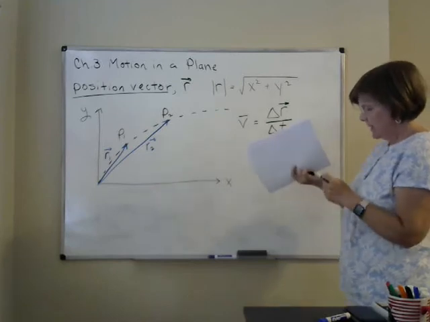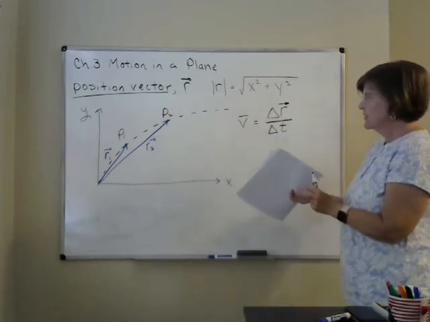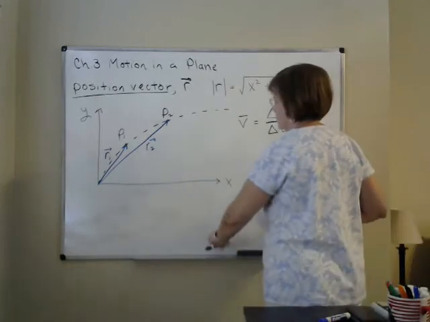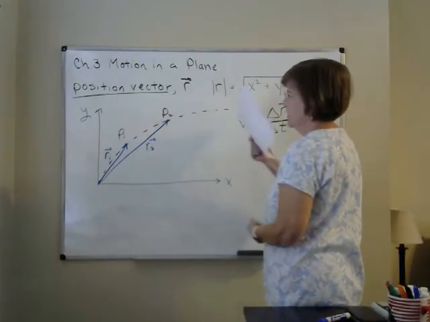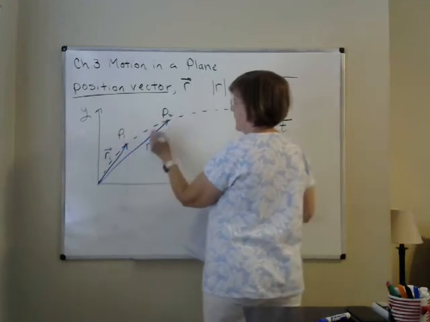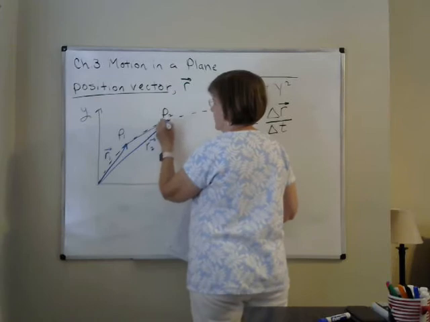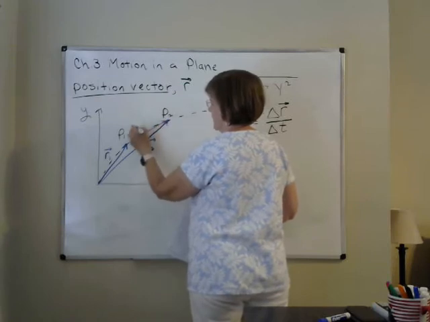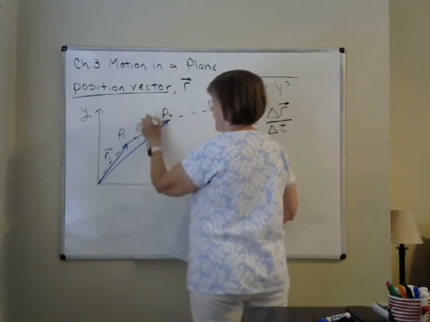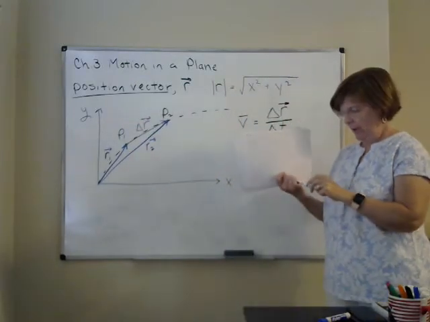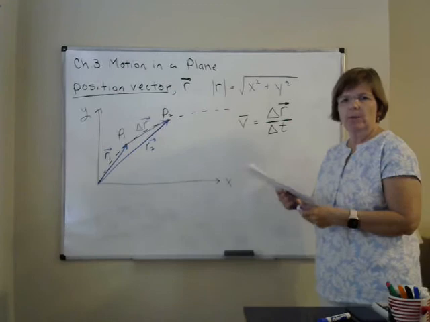Instead of drawing the displacement in blue, let me go ahead and draw that for us in purple. The displacement vector is your change in position. You were here, and now you're here. So your displacement vector would look like that. That's your change in position. That tells us how far the object moved from one point to the other.